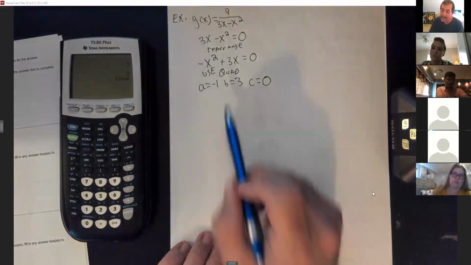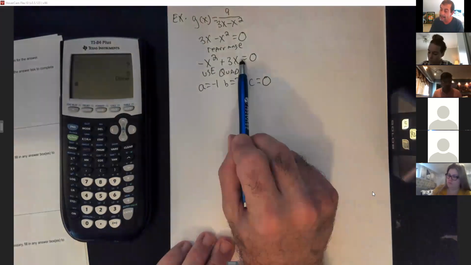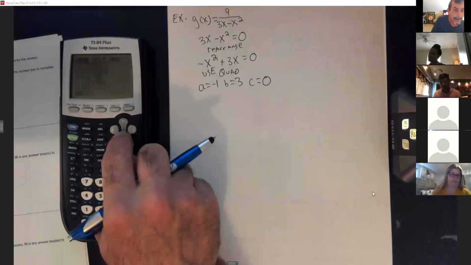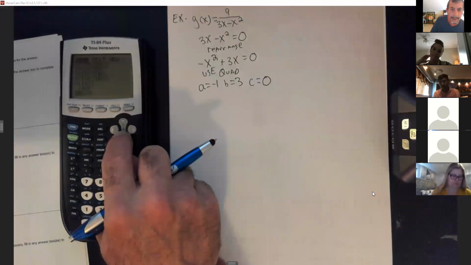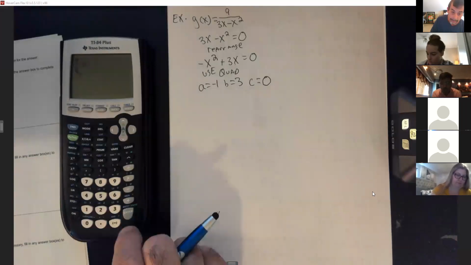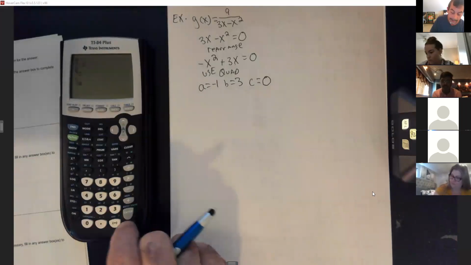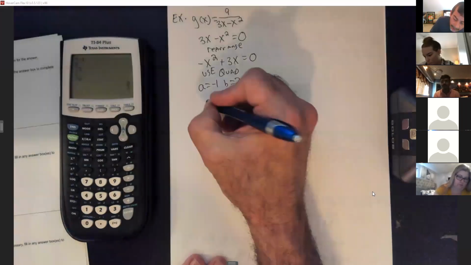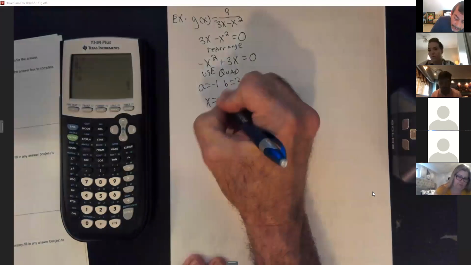So anytime you don't have that single number at the end, that makes C a 0. So now we can hold program quad. Enter, and then enter again. So we had a -1, +3, and a 0. And it gives me what? X equals 0 and x equals 3.